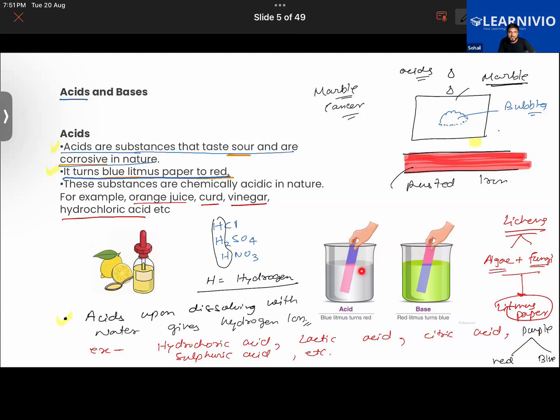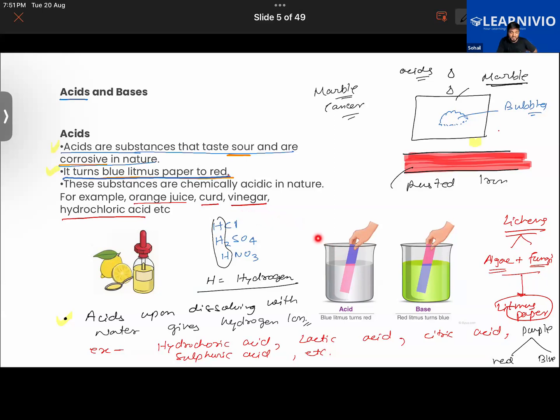So say in this beaker, you have acids. All of you pay attention here. This is the most important thing about acids. You have acid in this glass beaker.